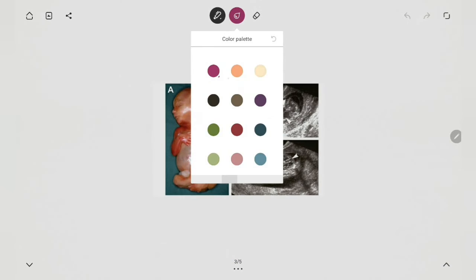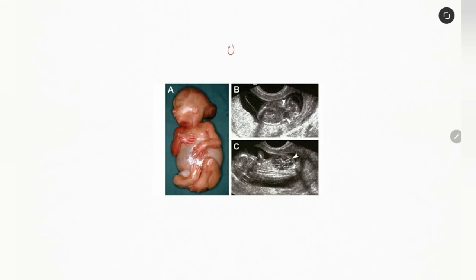Moving on to clinical features. It has a classical triad.